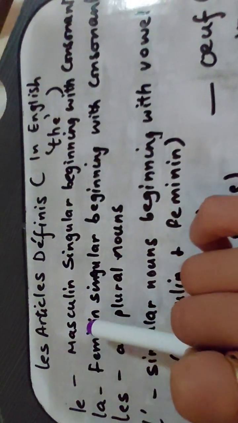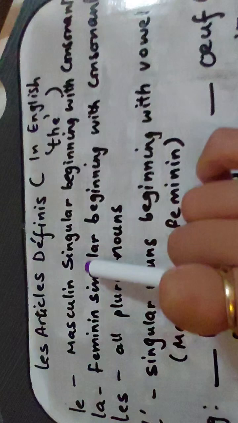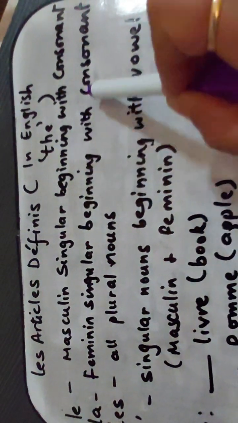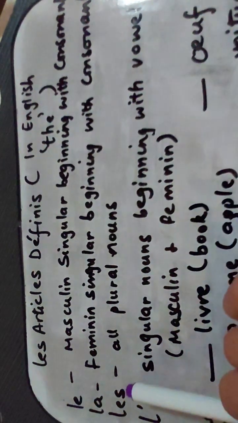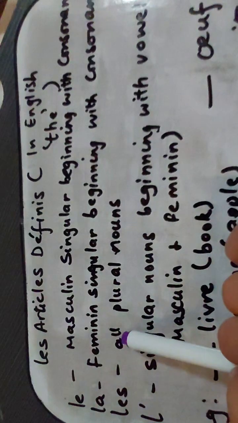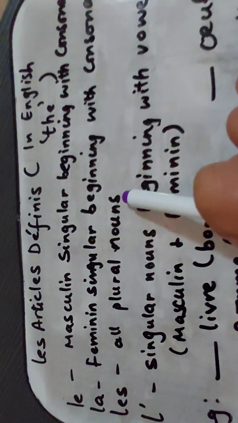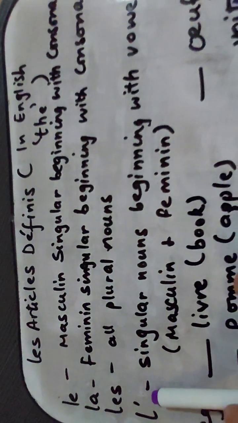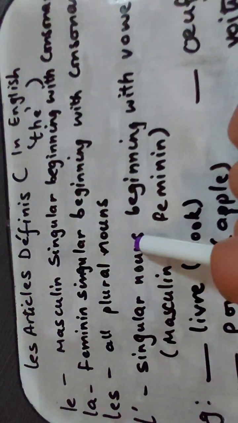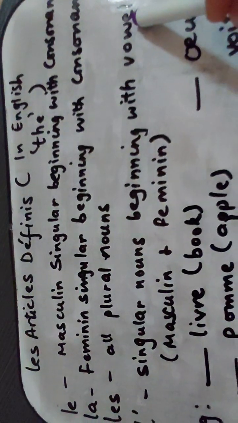La is used before feminine singular nouns beginning with a consonant. Les is used before all plural nouns, be it masculine or feminine plural. L' is used before singular nouns beginning with vowels, again masculine and feminine both.